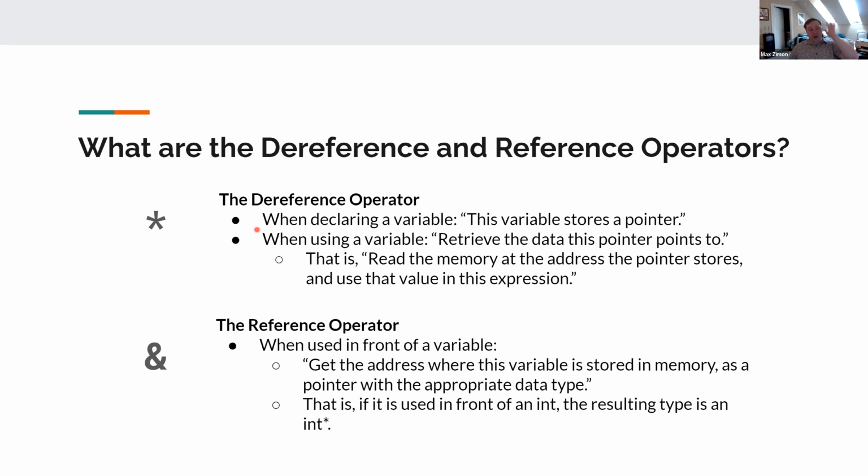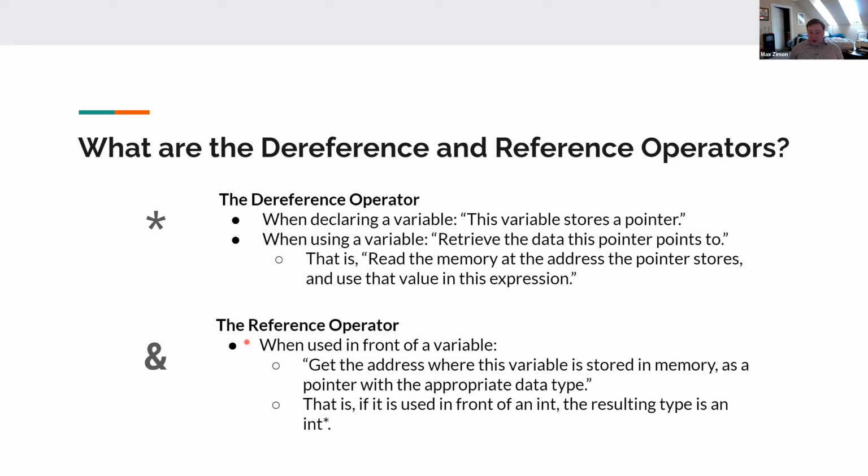We'll come back to exactly how that works in our example in a moment. But the reference operator means when you put it in front of a variable, figure out the address that this variable has been given. Figure out where in my memory banks I put the data that this variable resolves to or relates to, and give that back to me, and I'm going to store that separately.